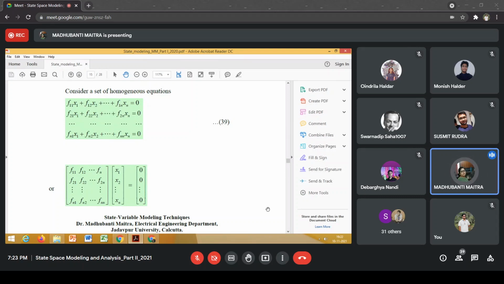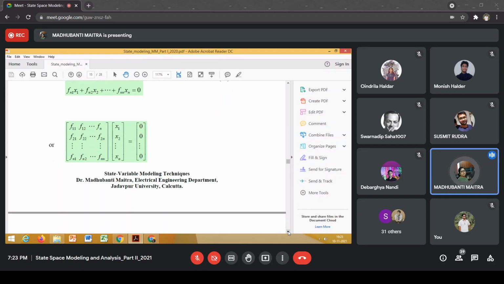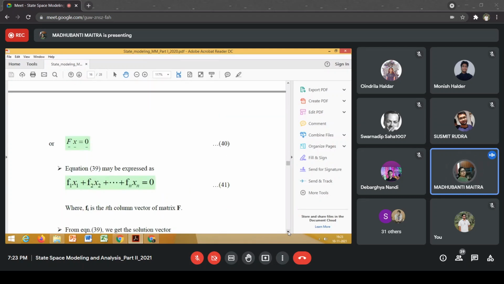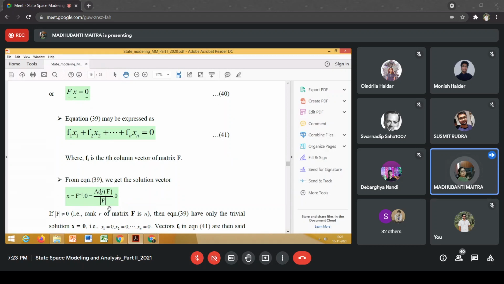So we are trying to find out the values of x1, x2, or in other words, the solution of this set of homogeneous equations. So from this equation, it's clear that the solution vector x is equal to F inverse 0. This can be written as adjoint F divided by determinant F into 0, right?